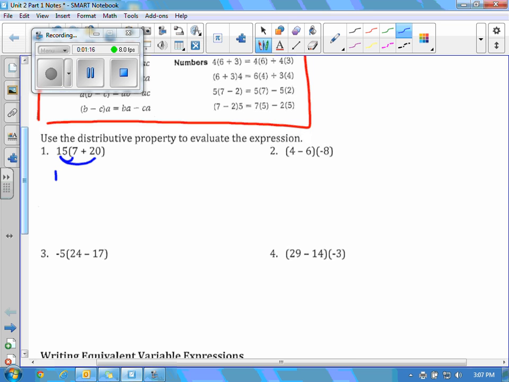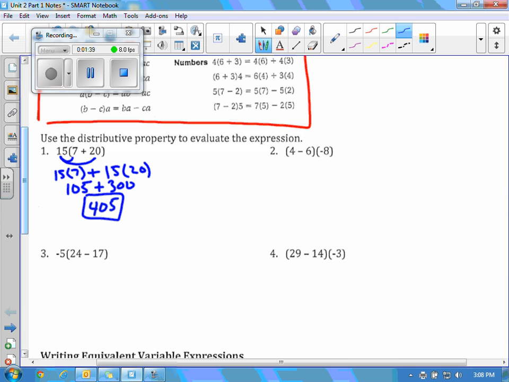So my first example, I'm doing 15 times 7, then I have plus, because that's the operation inside the parentheses, 15 times 20. So when I multiply 15 times 7, I get 105. When I multiply 15 times 20, I get 300. So I'm going to get 405 total.